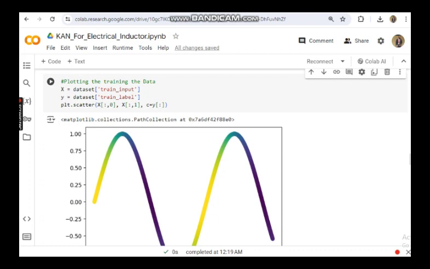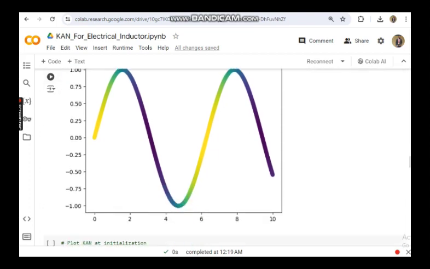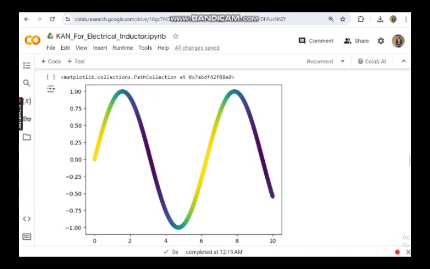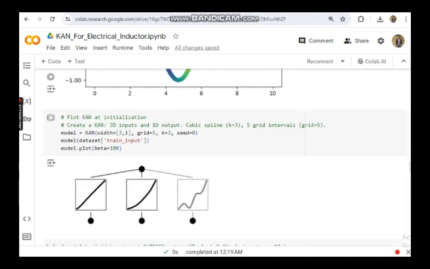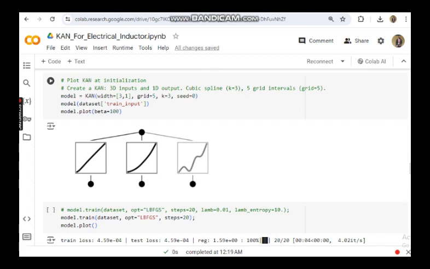So we have the training and the labeled data, which is in the form of a sine wave. Then the first thing is we initialize the KAN, which is a 3 to 1. This is the first equation it's going to form. It's like you have this amount of data and you want to get experimental data.